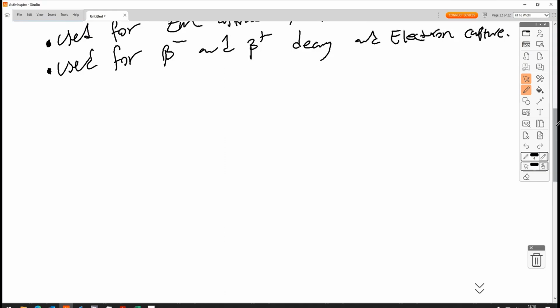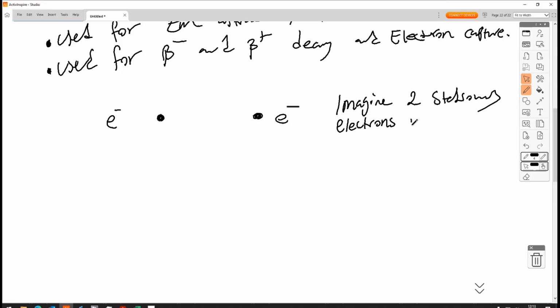So let's look at how it works. First, let's imagine we have 2 electrons near each other. So imagine 2 stationary electrons near each other.